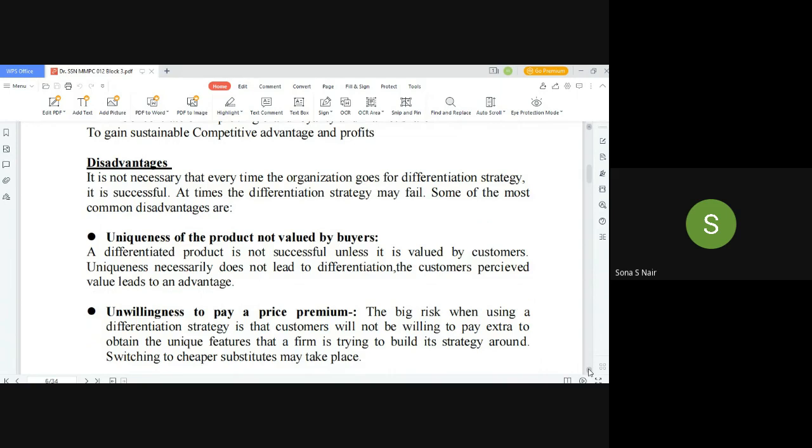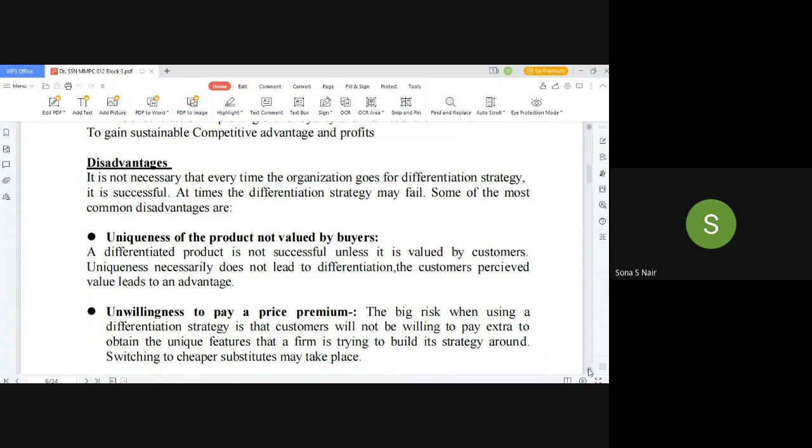The differentiation might not lead to the desired benefits when the uniqueness of the product is not valued by the buyers. It's quite possible that the organization is so into R&D that they make a product which they feel is good and apt and suitable for the marketplace. The customers might not value it.